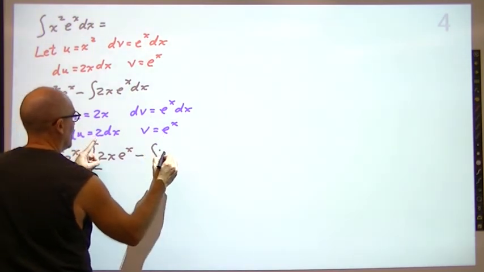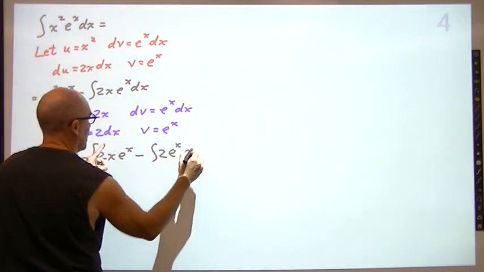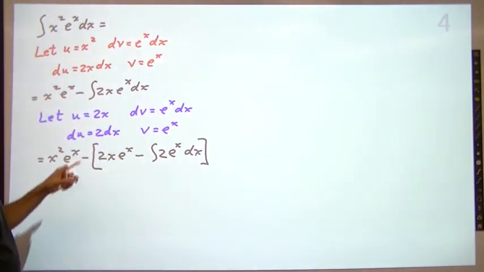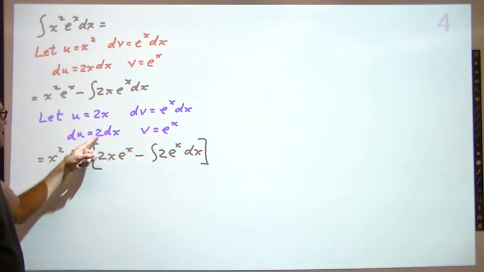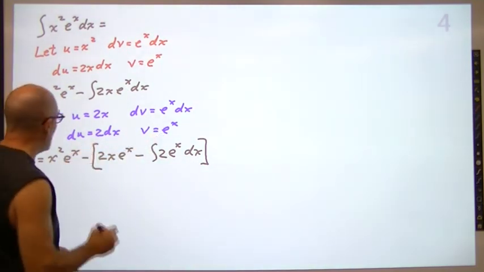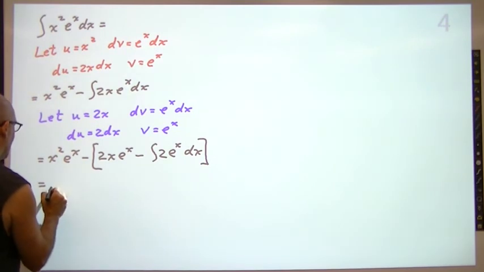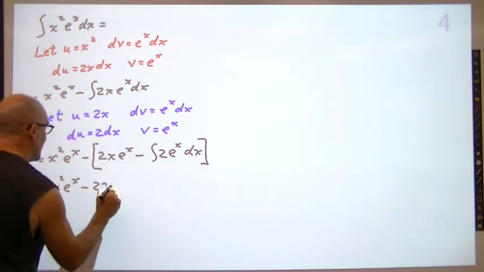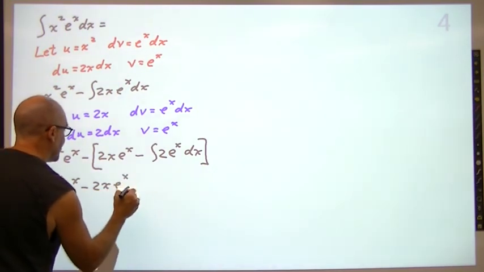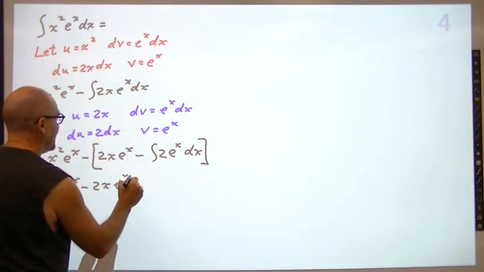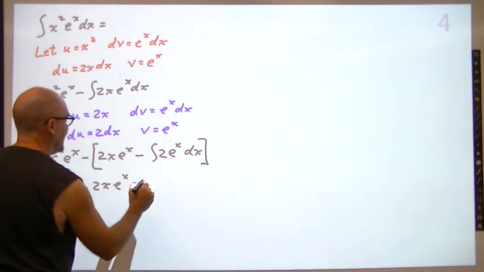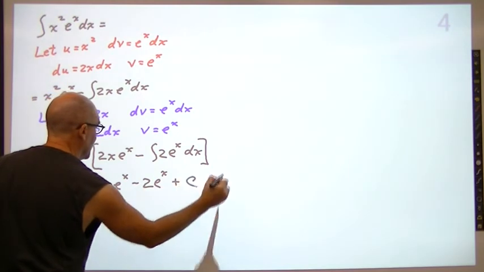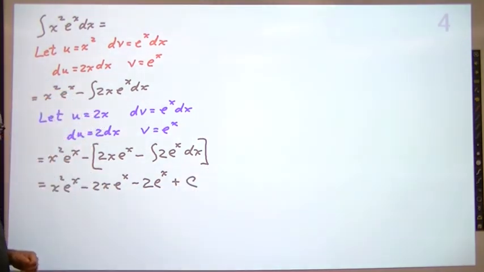So there's the integral of v du. Okay, so this is going to equal x squared e to the x minus 2x e to the x. Now, minus the integral of e to the x is e to the x, so this just becomes plus 2 e to the x plus c.